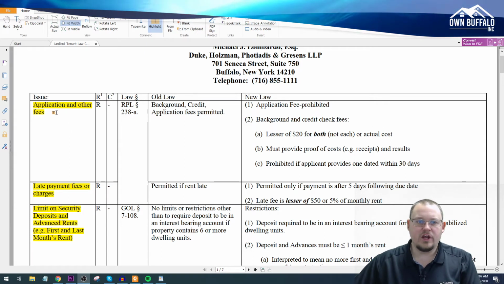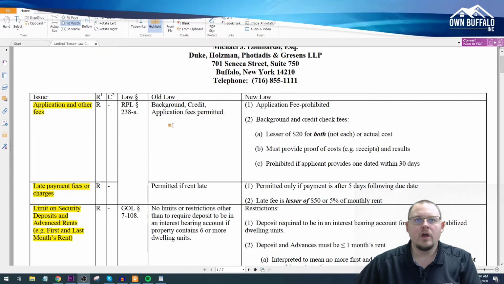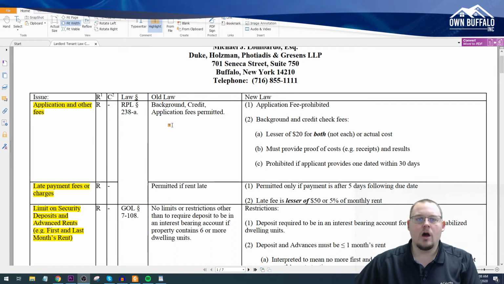The first thing that was changed was application fees and other fees. We used to be able to charge basically whatever we wanted to for credit and background checks, for application fees and things like that. That law has changed. We are now restricted to credit and background checks of $20 maximum. And you have to be able to justify that.